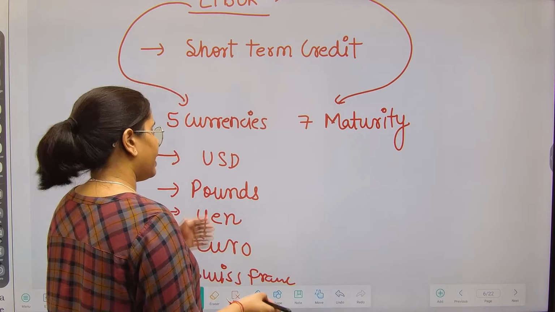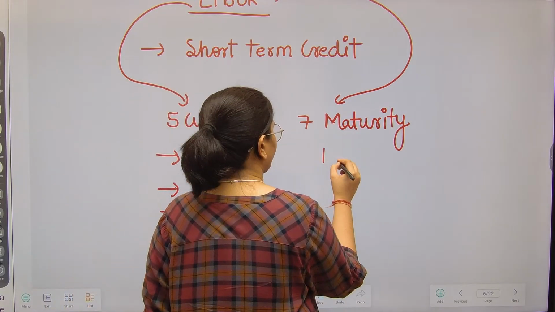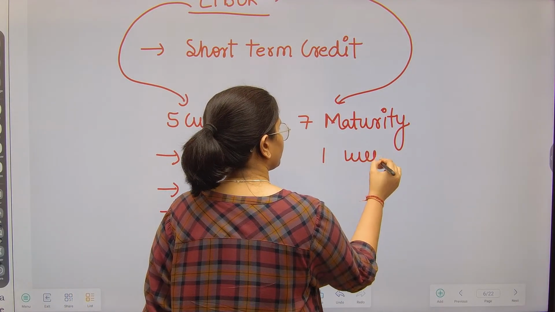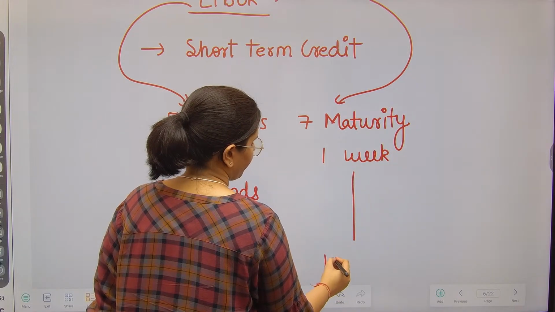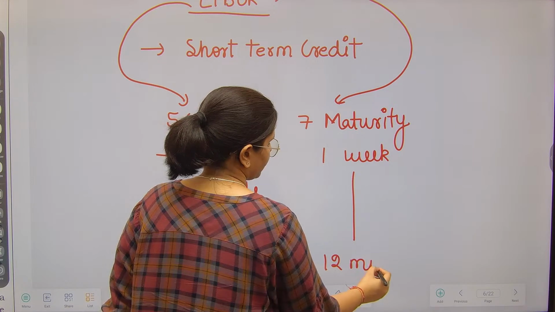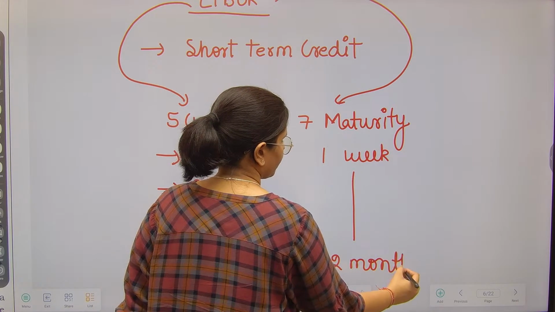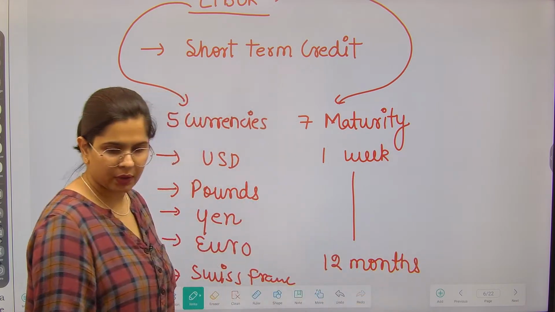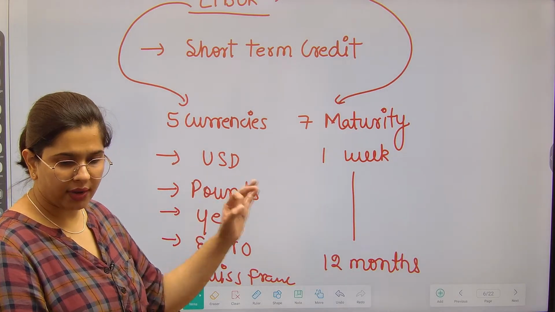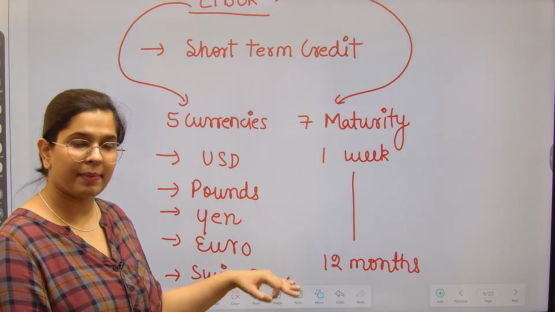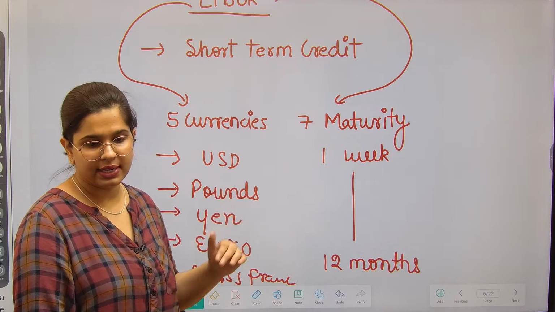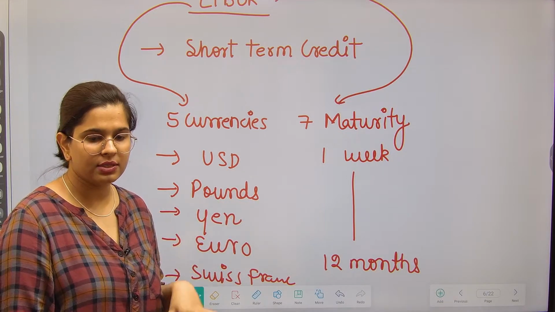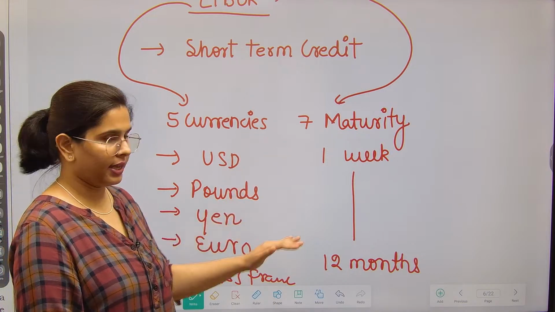So see, it ranges from 1 week to 12 months. Someone is requiring funds for 1 week, or someone is requiring the money for 12 months. So this is all that is there.